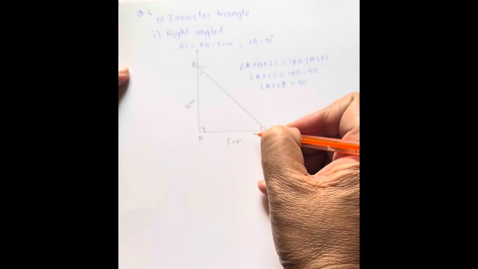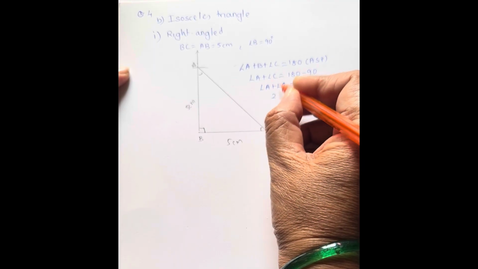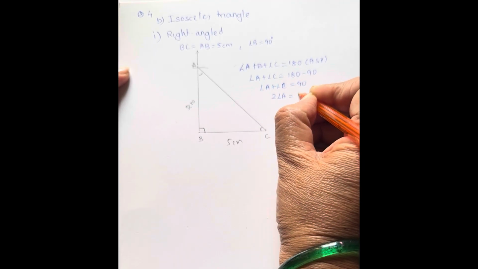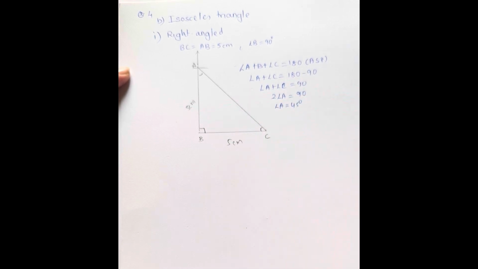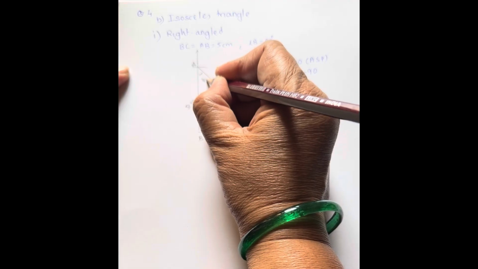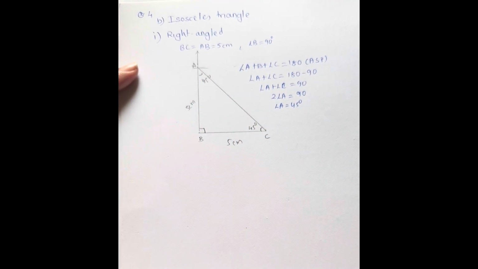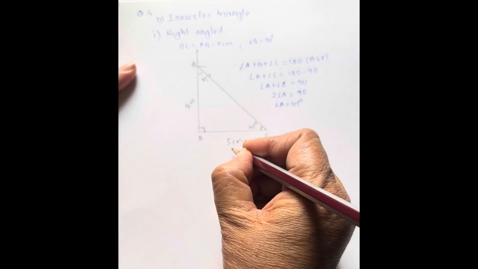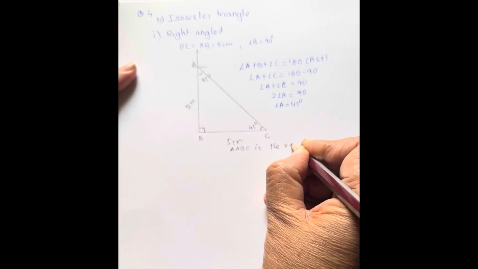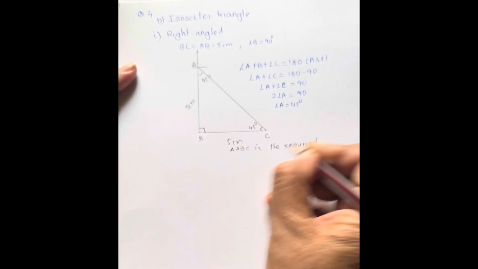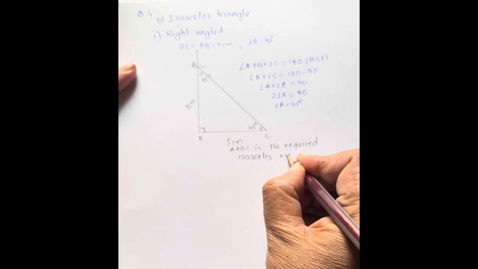And two sides are equal, so two angles will also be equal, right? So these two angles will be 45 degree each. Here there are no other possibilities. Fine, so triangle ABC is the required isosceles right angled triangle.